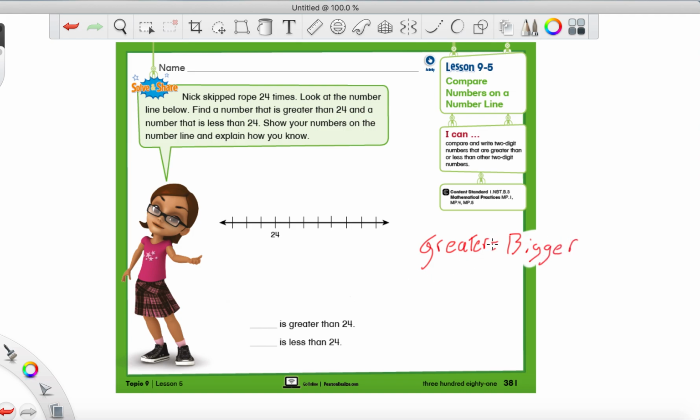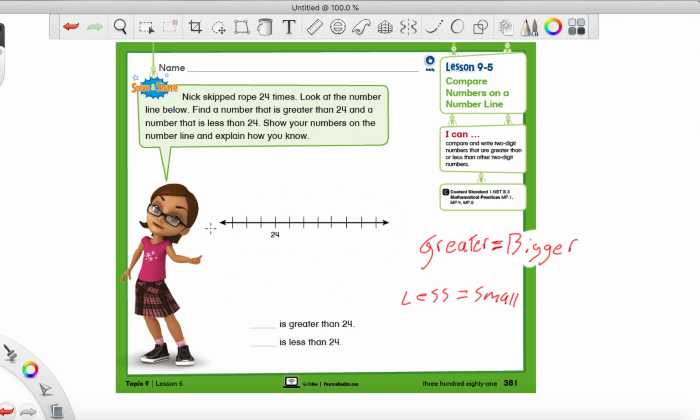And so I put a little equal sign there showing that they are the same thing. Okay? And the word less means small. So as long as we remember that greater means bigger and less than means smaller, we are going to be A-okay.